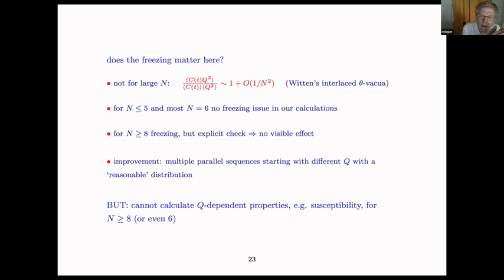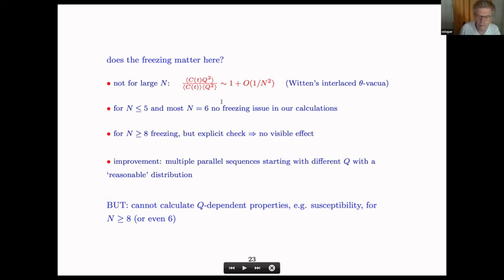By comparing the two sets, we saw no visible effect on any of the glueballs in any of the irreducible representations of the lattice rotational group. So parity or charge conjugation, no visible effect within errors. So this already gives quite strong evidence that we shouldn't be too concerned about topological freezing in the calculations we're doing.